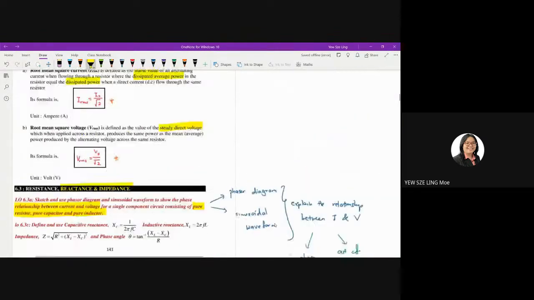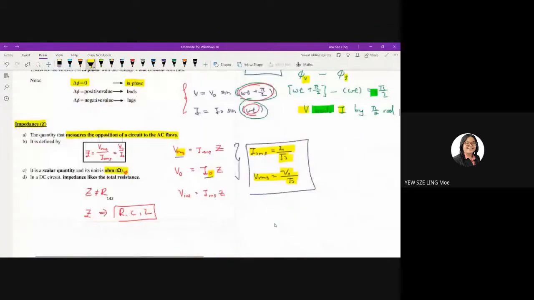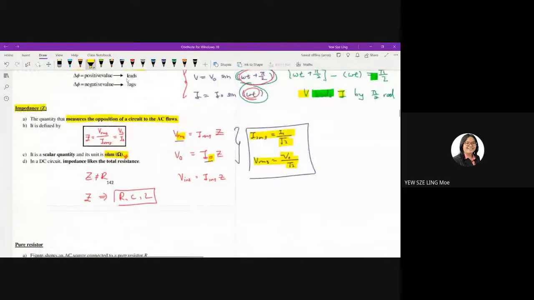So in this chapter, rather than calling it resistance, when it comes to C and L, we just call it reactance. Okay, for R we use resistance, but for capacitor and inductor, we call it reactance.